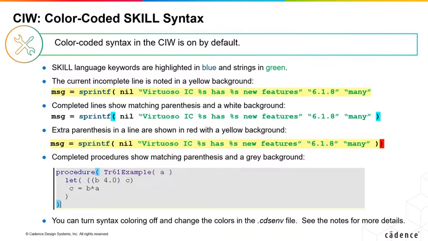And in the last example here, you can see we've entered several lines into the CIW, and once the final parenthesis is entered, we can see the block of code highlighted from parenthesis to parenthesis in a light gray background. Not easily visible here, but you will see it on your system.